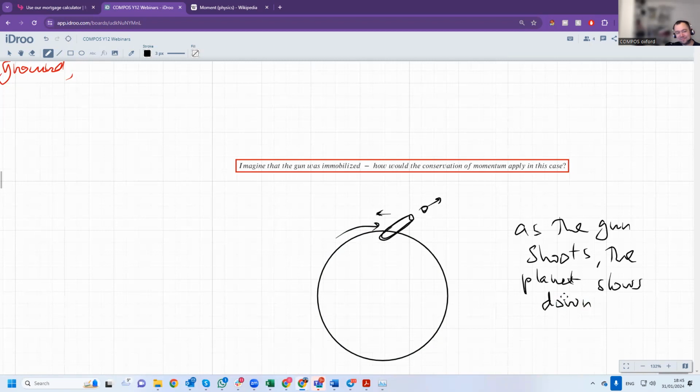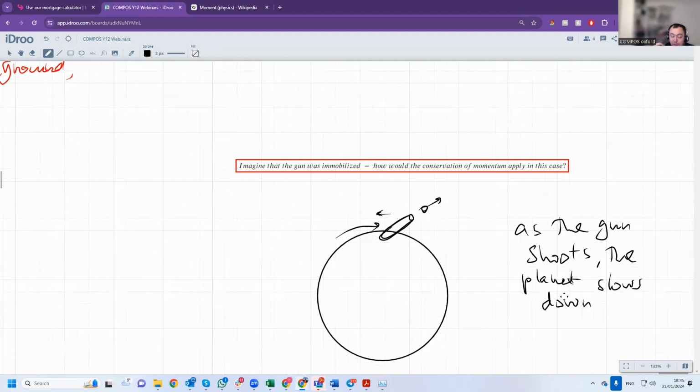But there's a problem. Do you see the problem? The gun and the planet have to be an isolated system. So the gun cannot slow down. Yeah, it could.